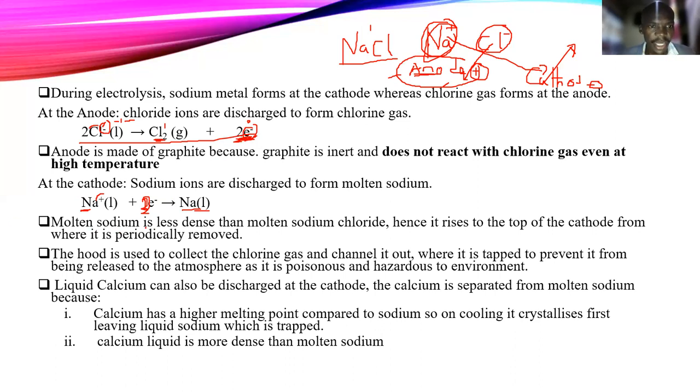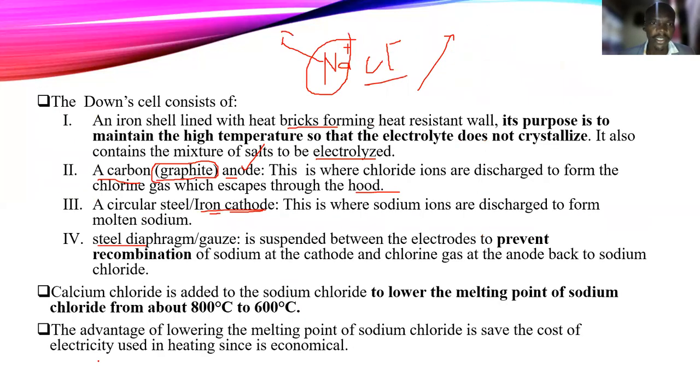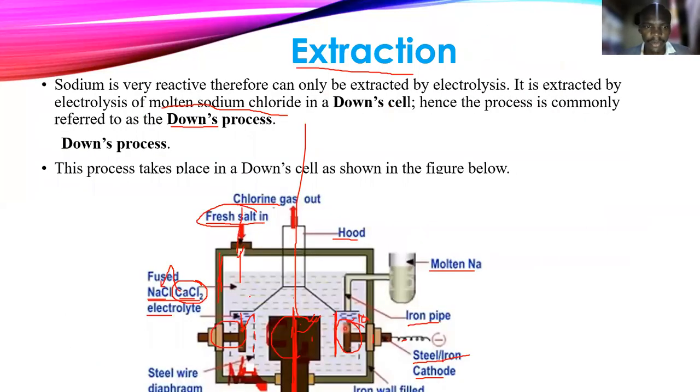Then the molten sodium is less dense than the molten sodium chloride. Hence, it rises to the top of the cathode from where it is periodically removed. If you check here, we know that this is sodium chloride, the molten one.